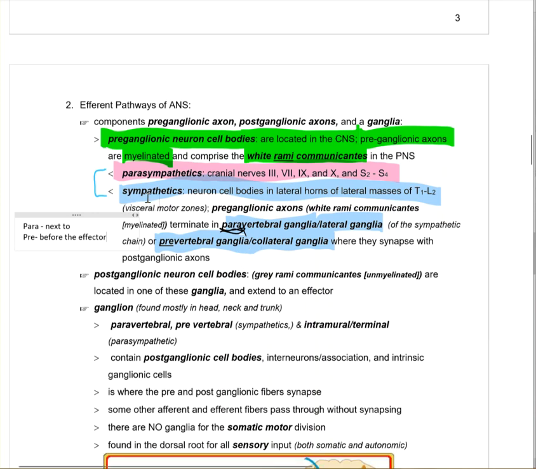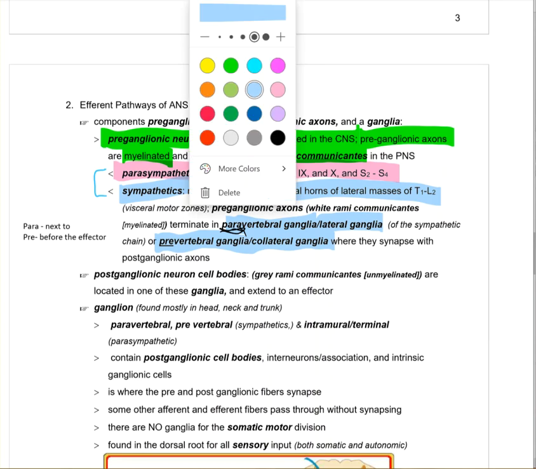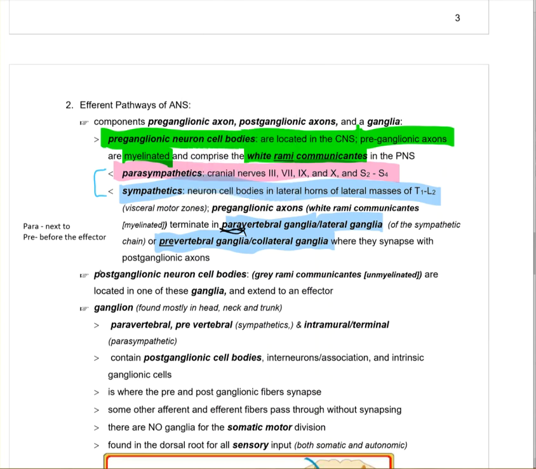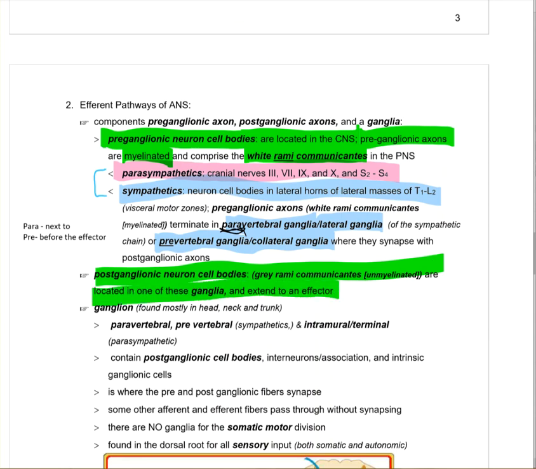But the take-home point is the sympathetics have two different ganglia: ones that are right next to the spinal cord and the vertebrae, and one that's in between the spinal cord and the organ that it goes out to. Parasympathetic we'll talk about in just a minute down here below. Now, the synapse occurs in the ganglia, and then the postganglionic cell bodies are located in these ganglia, and they extend out to the effector.